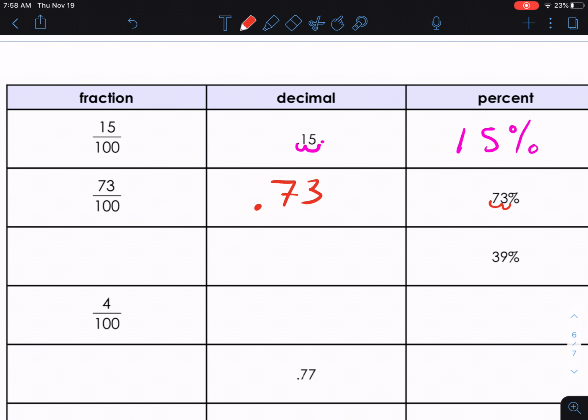Remember, your fraction siempre es de qué? ¿Qué va abajo? 100. If you have a percent, si tienes un porcentaje, la fracción siempre va sobre 100. No se olviden de eso. So 39 over 100. Move 2 times to the left. 1, 2. 0.39. 2 veces a la izquierda.